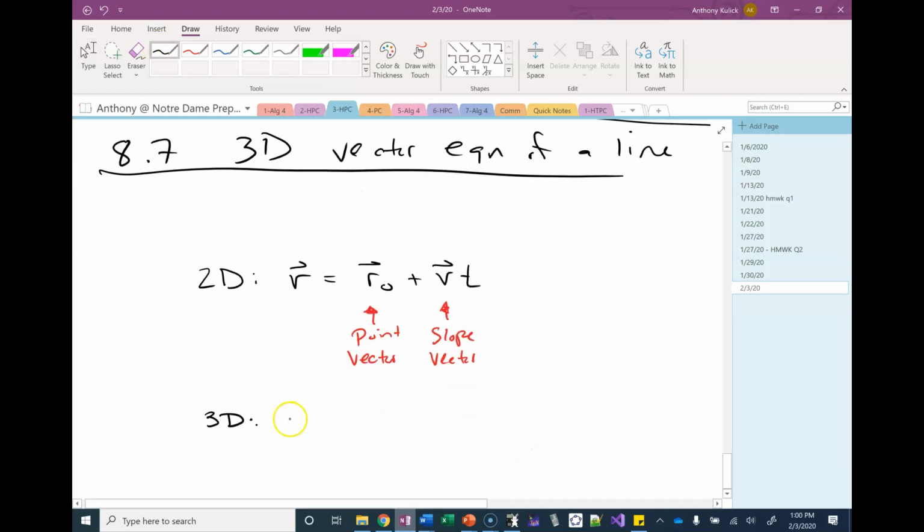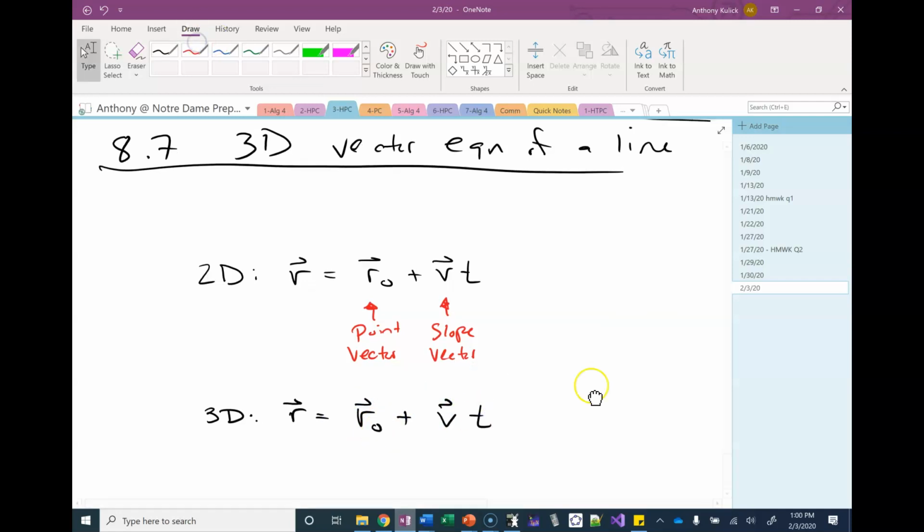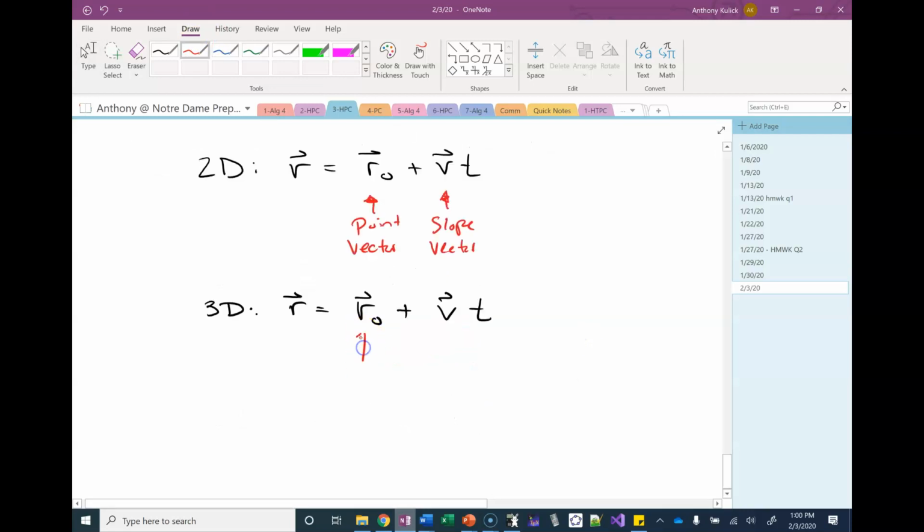Yeah, so slope doesn't really have a 3-dimensional counterpart. But what we can do is instead of using a slope vector here, what is the slope vector really telling us?